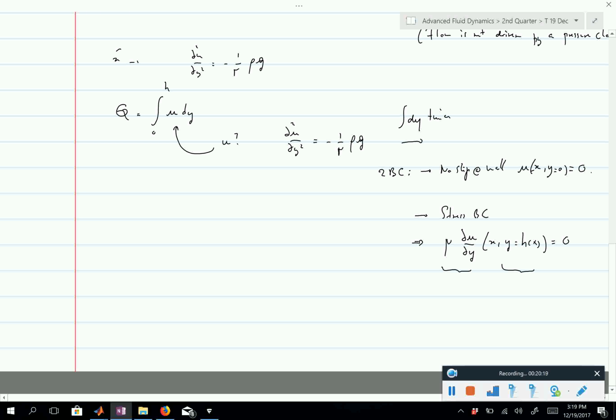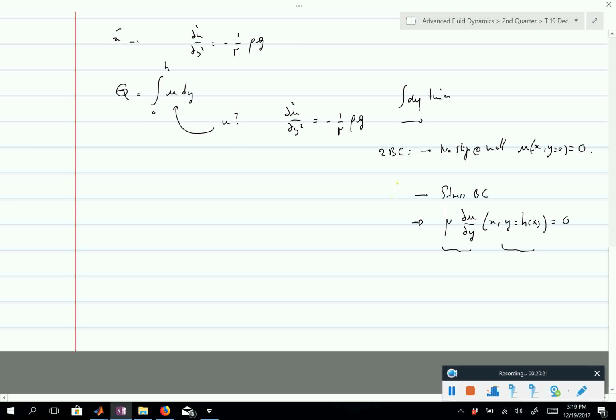So once you integrate with those two boundary conditions, you get u equal to minus rho g divided by mu times y squared divided by 2 minus h of x times y. You can quickly verify that at y equals 0, this is equal to 0, so this is my no slip.